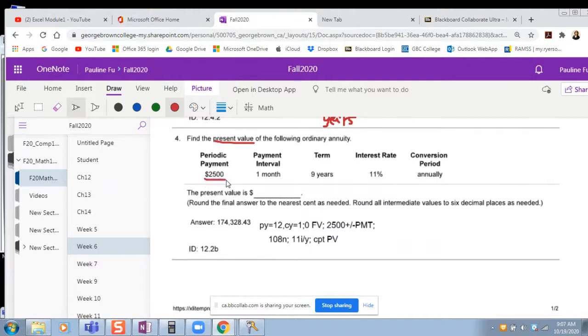Periodic payment, PMT, 2,500. Payment interval, 1 month. Term, 9 years. Interest, 11%. Conversion period, annually. The question asks you, what is the present value? What is the PV? That is the question.